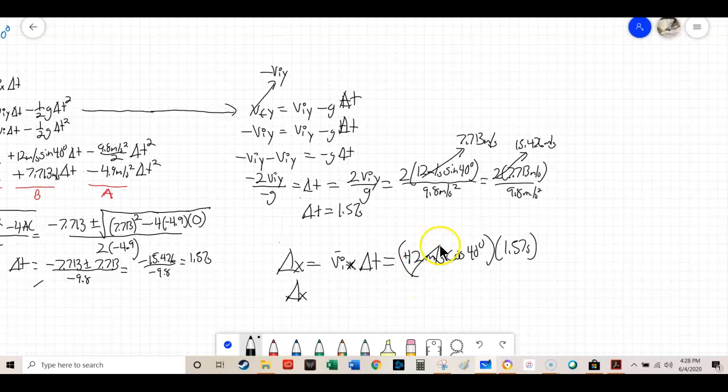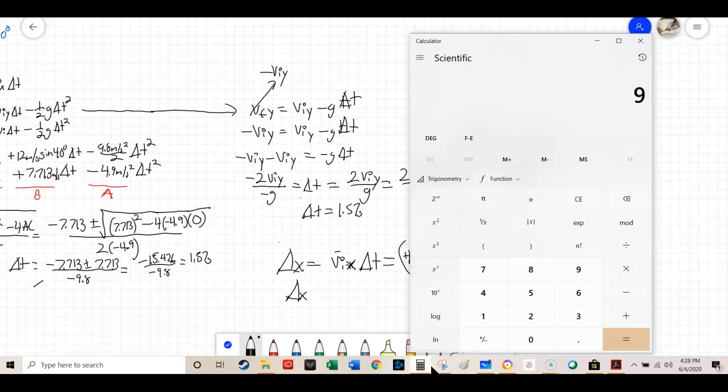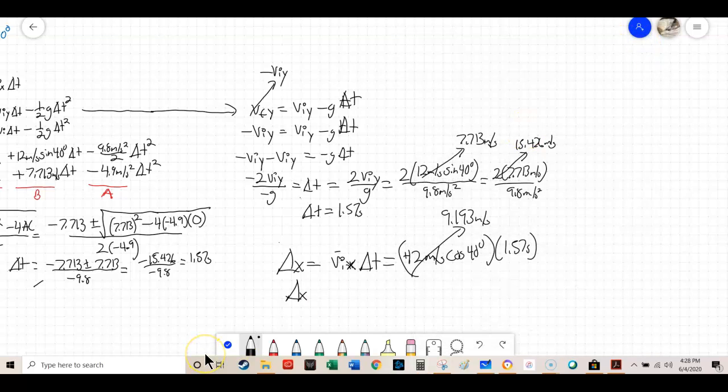So this is going to be 9.193 meters per second times 1.57. 9.193 times 1.57, and we get 14.43 meters. And that's how you solve it.